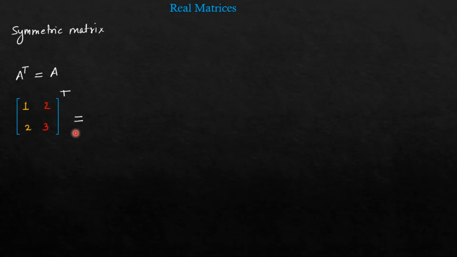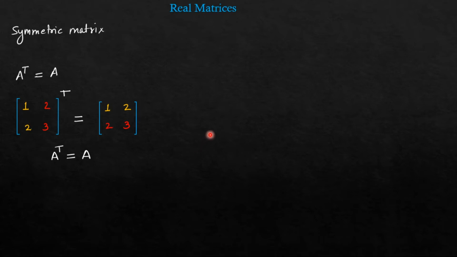So after transpose, this column will transform into a row, so it will become 1, 2, and this column will also transform into a row, so it will become 2, 3. You can see the transpose is the same as the original matrix, 1, 2, 2, 3. So A transpose is equal to A. That means this matrix is a symmetric matrix. It is an example of a symmetric matrix.